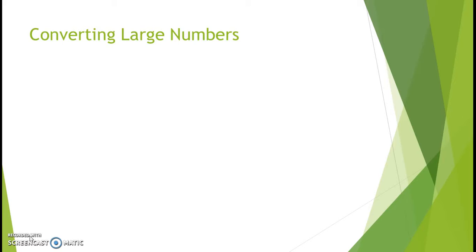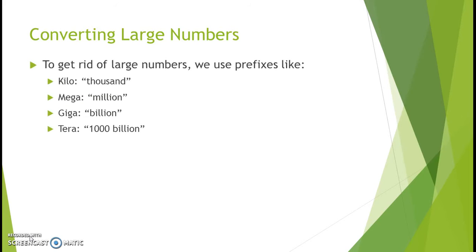So how do we do these kinds of conversions and do them successfully? Well, it's really pretty straightforward. To convert large numbers, we'll use prefixes like kilo for 1,000, mega for million, giga for billion, and tera for 1,000 billion, or some people call it trillion.